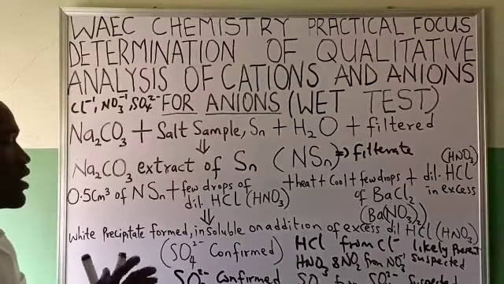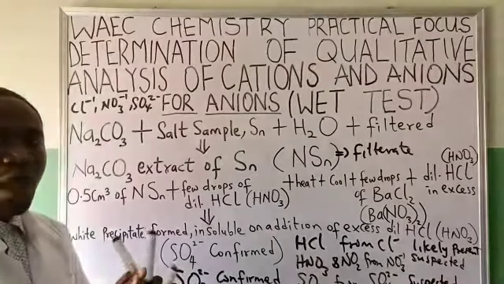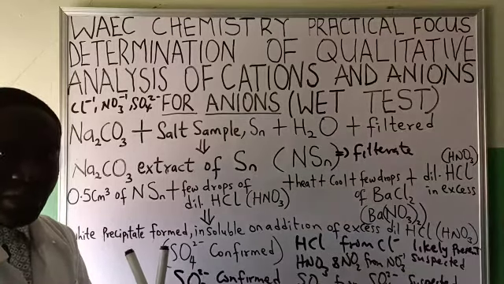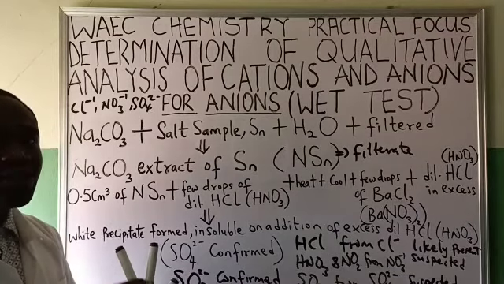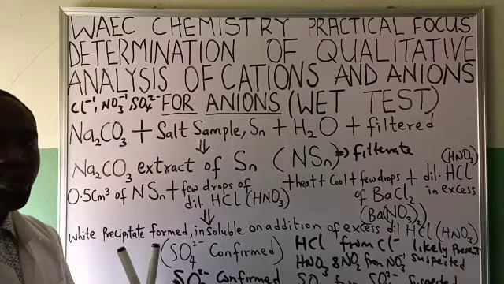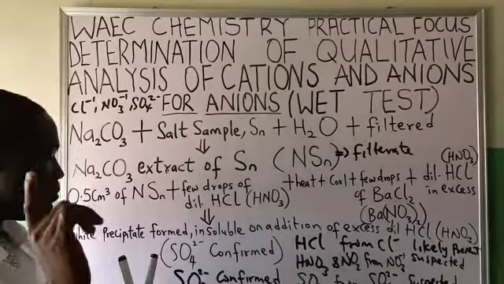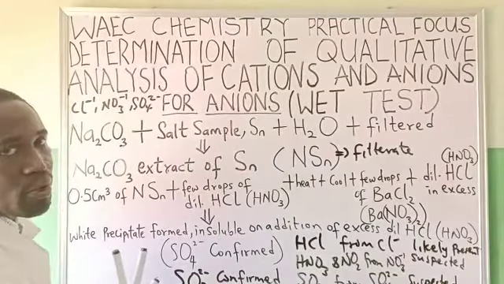But if it forms no precipitate, that is, if that white PPT just becomes a white soluble solution that is no precipitate in it, please know that it is this second anion that will be confirmed.